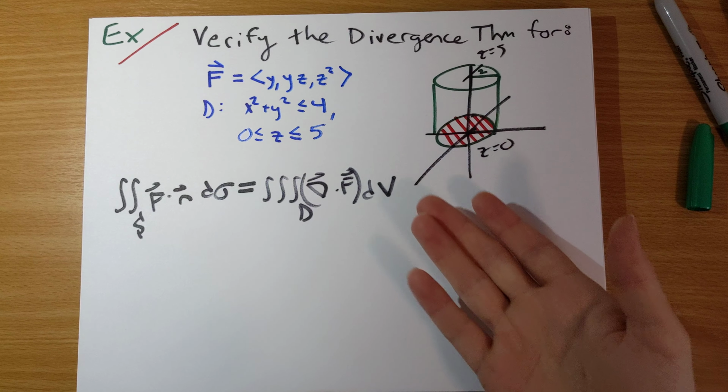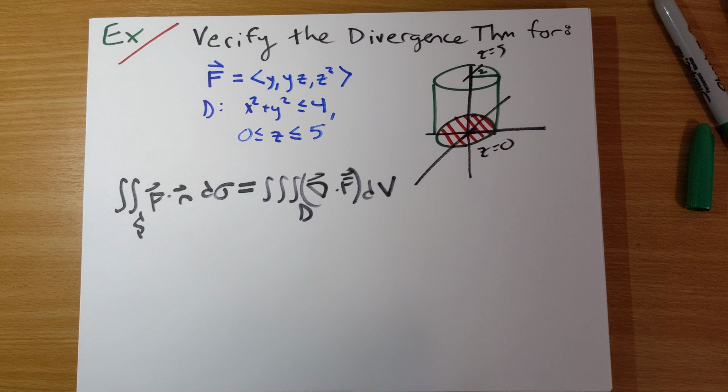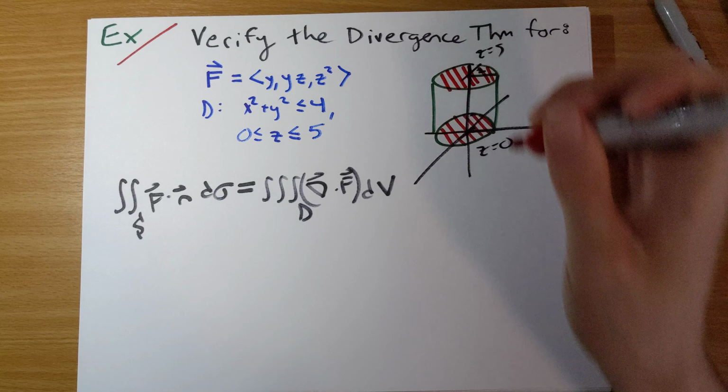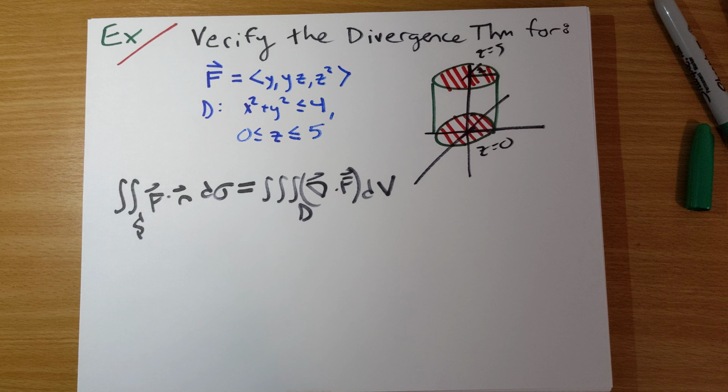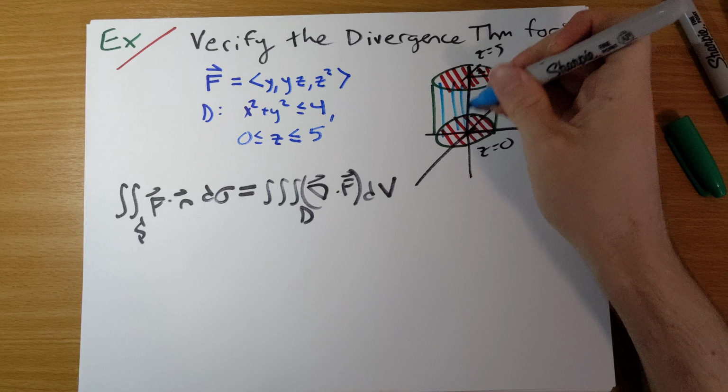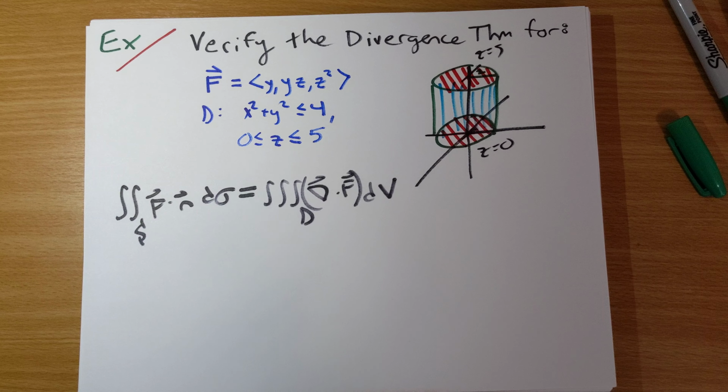So we need to include the bottom and the top of our cylinder, and finally the curved side. So we'll have to evaluate 3 separate vector surface integrals here. Okay, well, let's get to work.